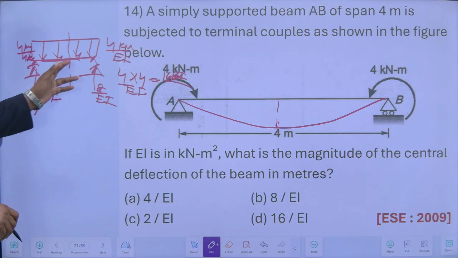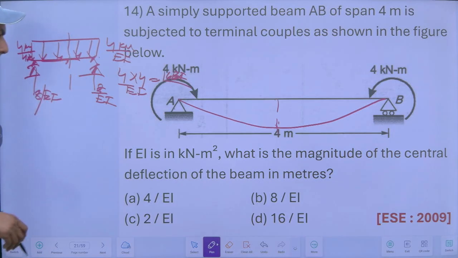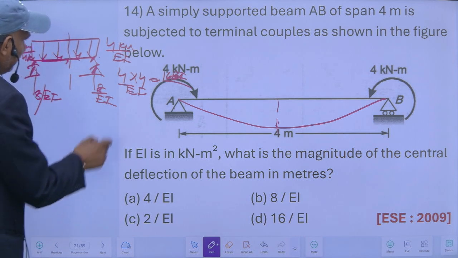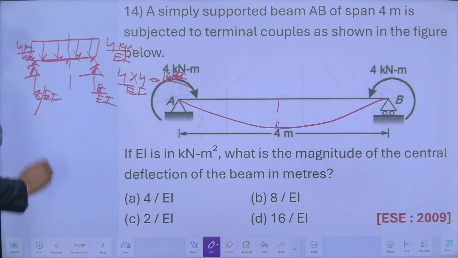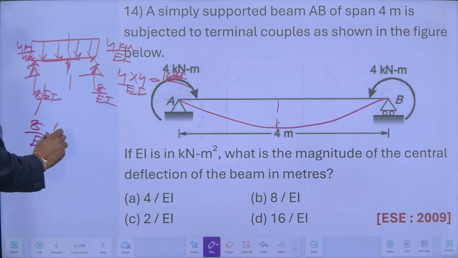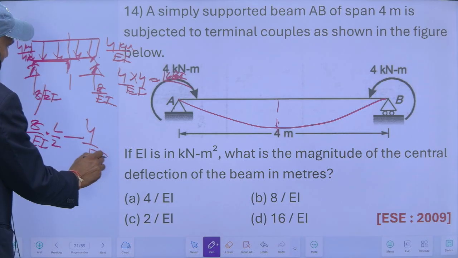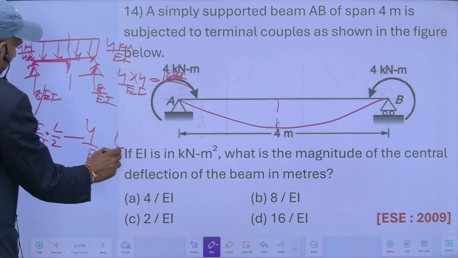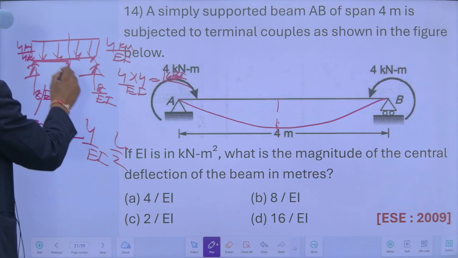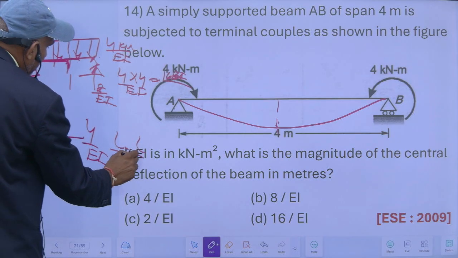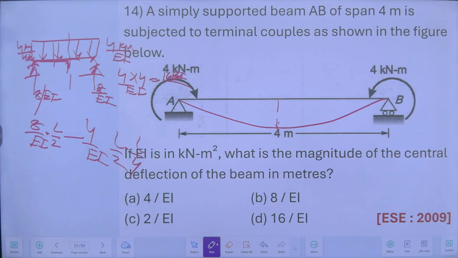So the center deflection will be, I will take the moment at this point. The moment at this point will be 8 upon EI into length, this is L by 2, minus 4 upon EI into L by 2 into half of this, L by 4.